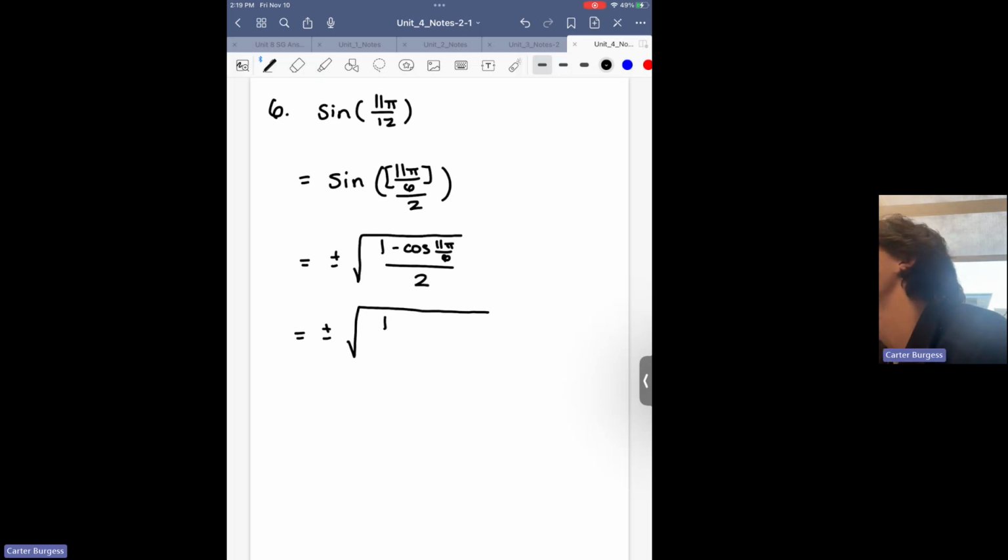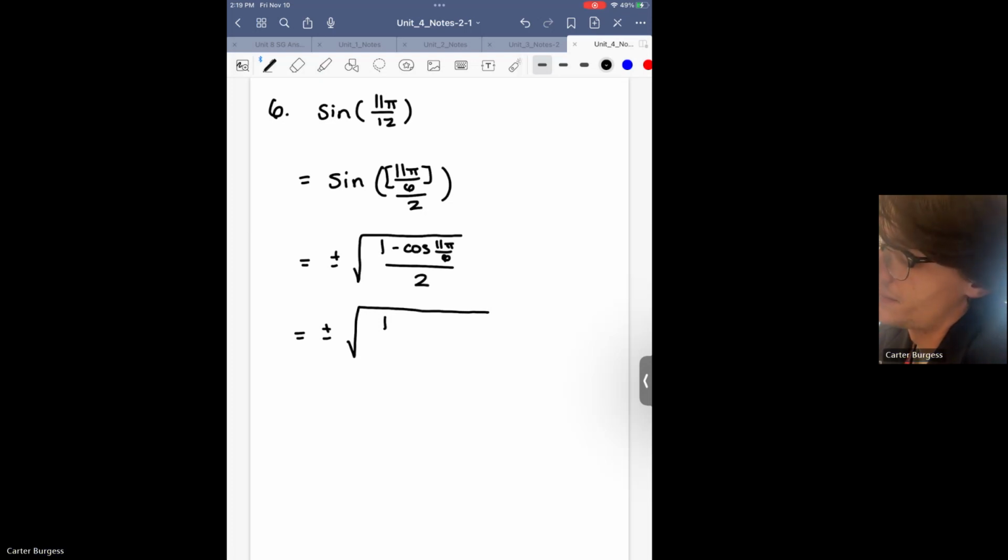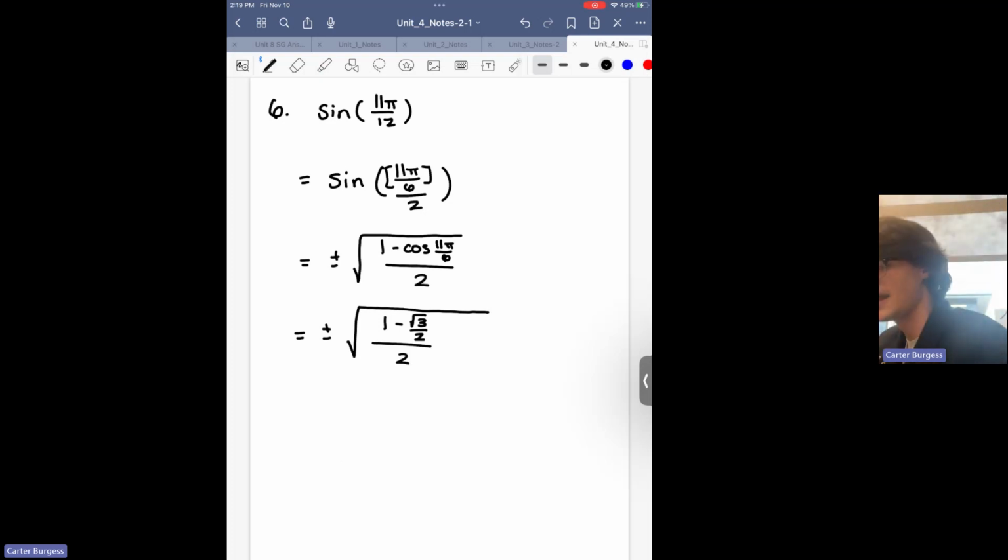Pi over 6 reference angle? Root 3 over 2, positive or negative? Positive, because we are in the fourth quadrant, all divided by 2. And again, I am perfectly happy with just leaving this as is. What's the only thing that we haven't resolved yet?